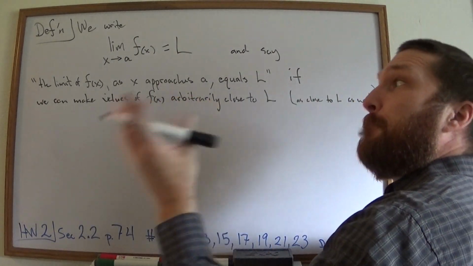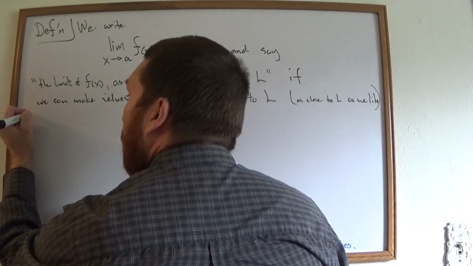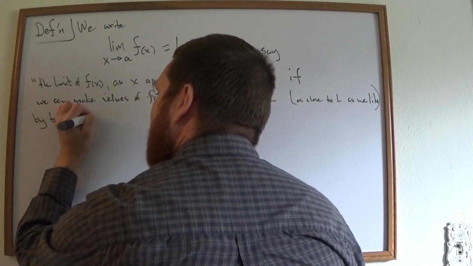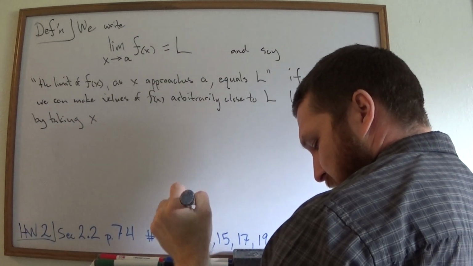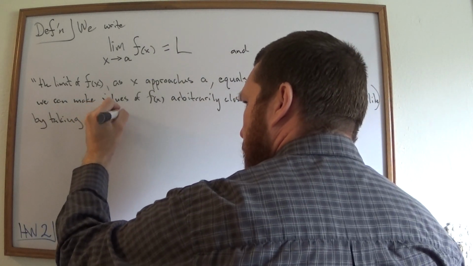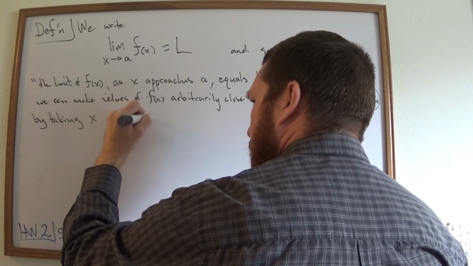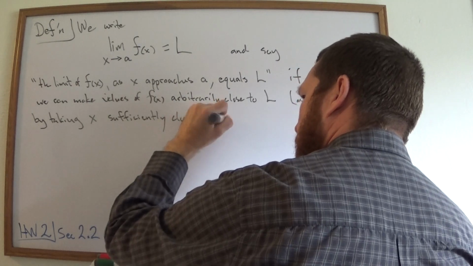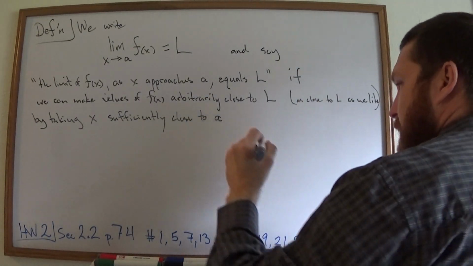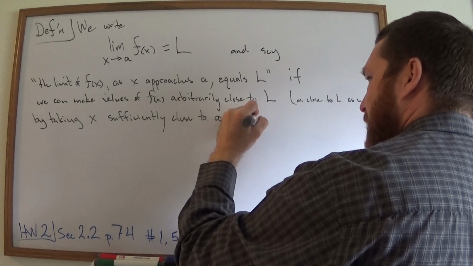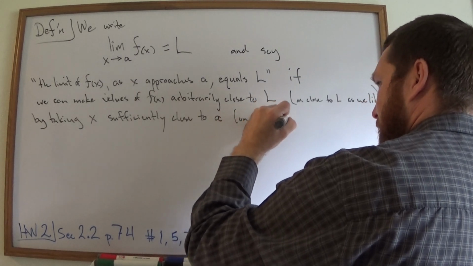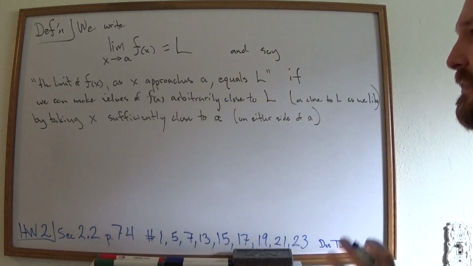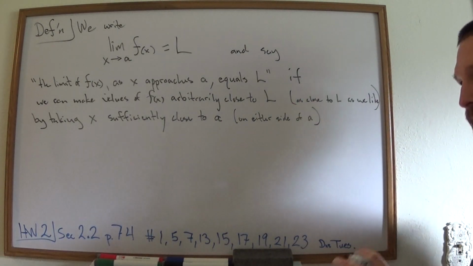You could do that by, well, how? By doing what? Well, by taking x sufficiently close to a, on either side of a. Okay? I'm going to draw something and this will make a lot more sense.